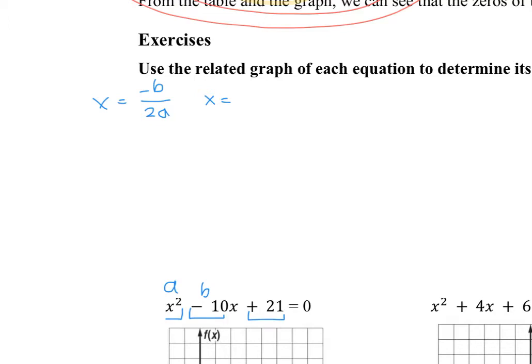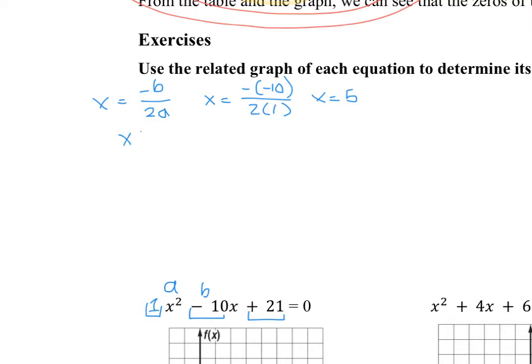So let me clarify that with the eraser here. We don't need the x squared as a. The a is the 1 out in front of the x squared. All right, so as far as our formula goes, it'll be a negative 10 over top of 2 times 1. So our x-coordinate ends up being a positive 5.